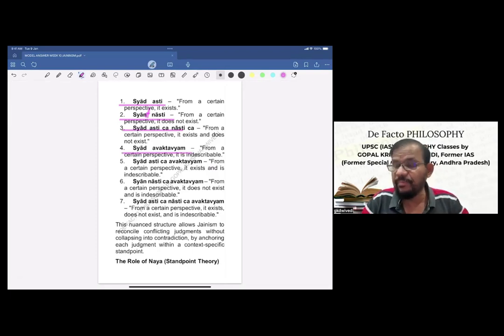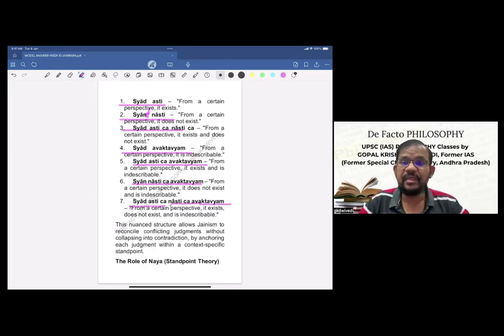Syad Avaktavyam. Avaktavyam means indescribable. So from a certain point it exists, or from a certain point it is indescribable. Syad asti cha avaktavyam. Syad nasti cha avaktavyam. Syad asti cha nasti cha avaktavyam. So basically these are 7 standpoints for any judgment.